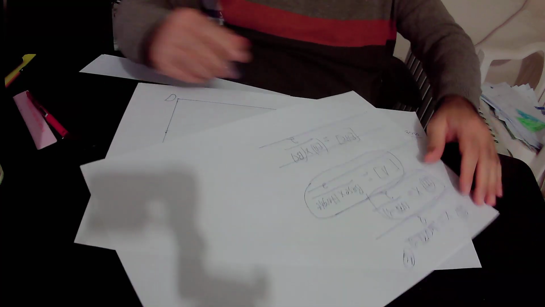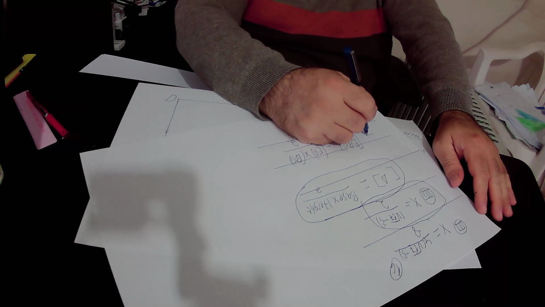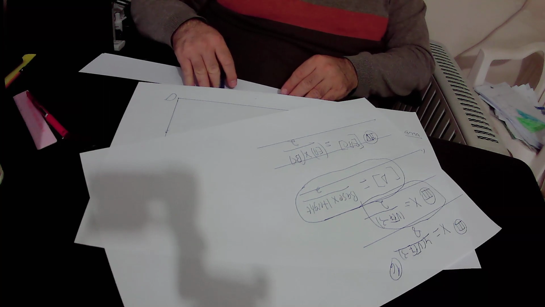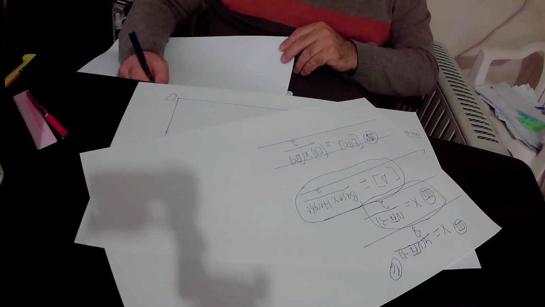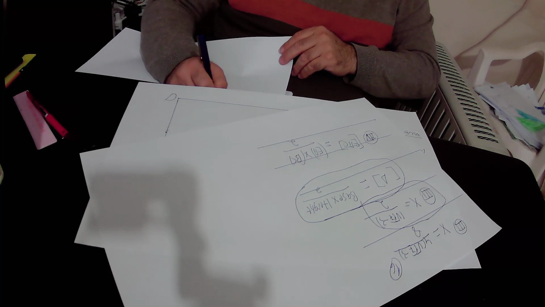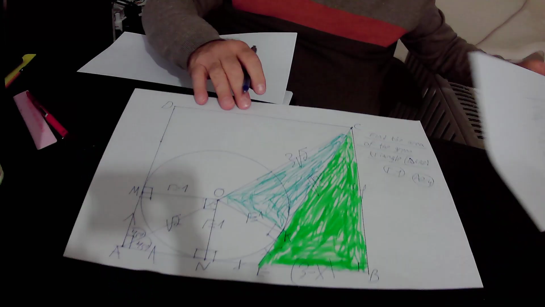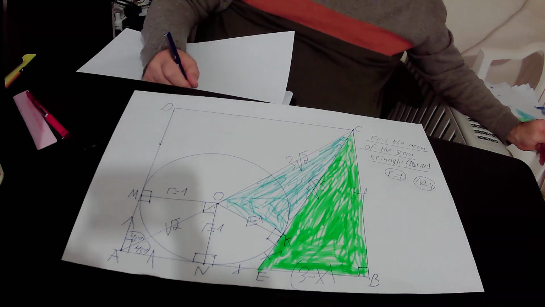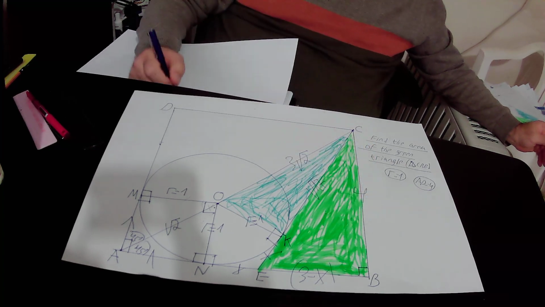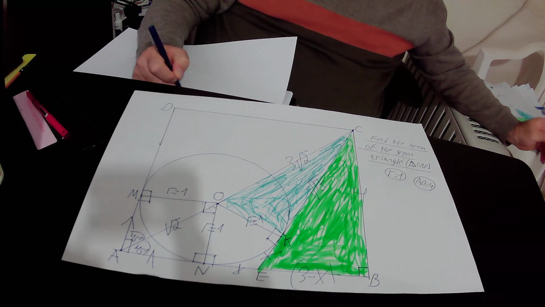What is actually equation number 4? Turning to equation number 4, the area of triangle EBC equals EB times BC over 2, where EB equals 3 minus x and BC equals 4.